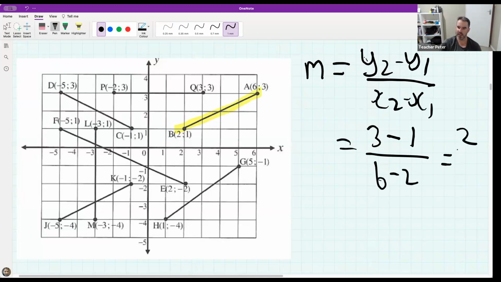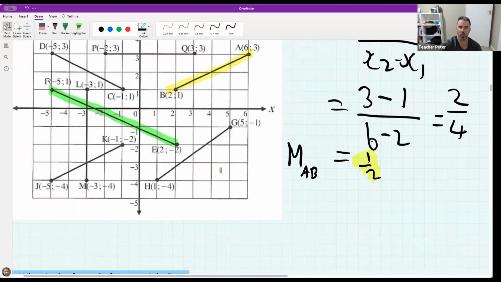And the gradient then would be 2 over 4 or a half. And so we would say that the gradient of AB is a half.